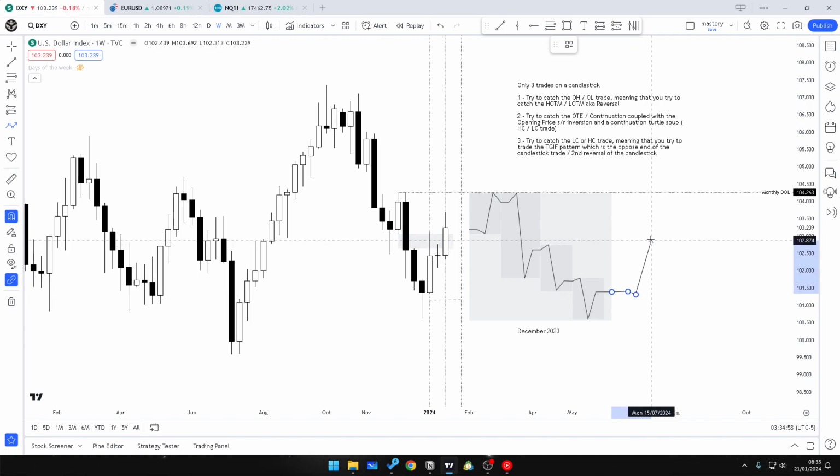made a low, traded higher, close, followed by a choppy candlestick. On week 3, we open, trade a little bit lower, then we expand on the upside.